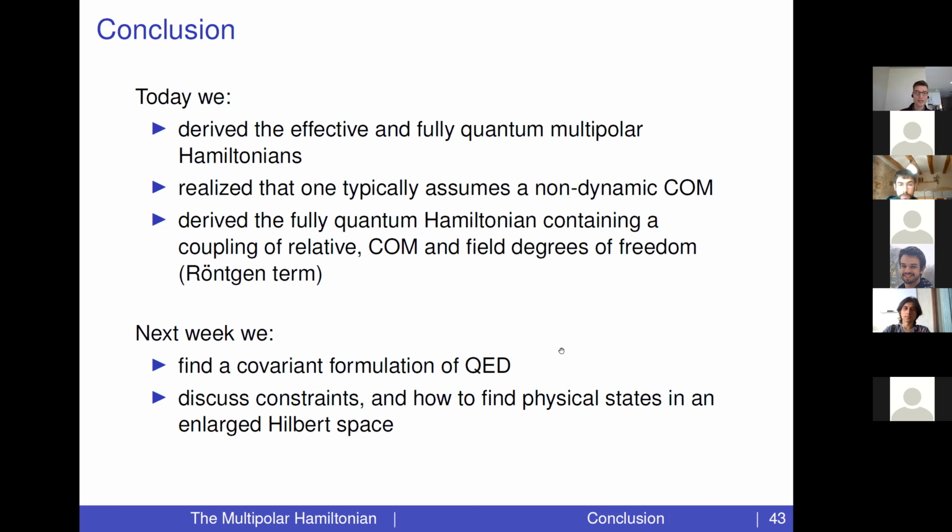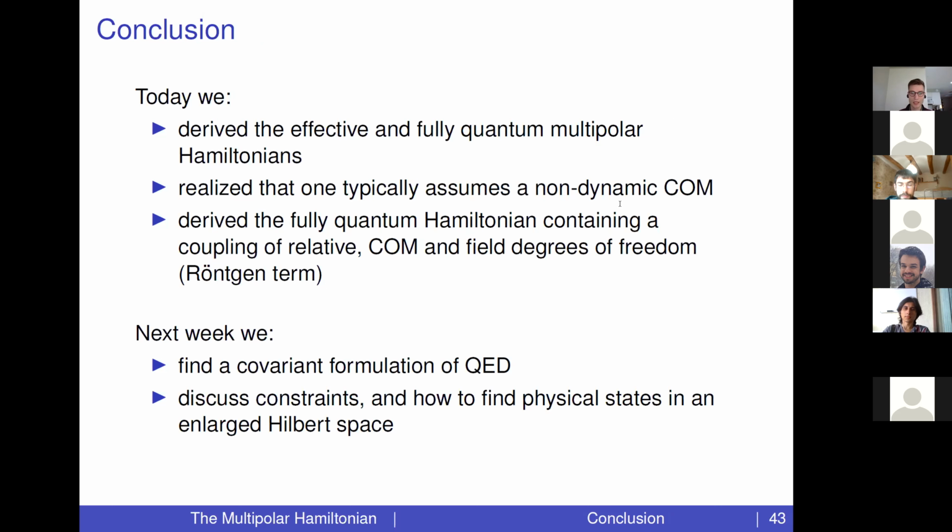So what we're going to do next week is we want to find a covariant formulation of quantum electrodynamics. So we want to consider relativistic formulations in principle and find then that the limit of this formulation allows us to go back to what we saw this week and the previous week. And in this way, we have to discuss a couple of things.